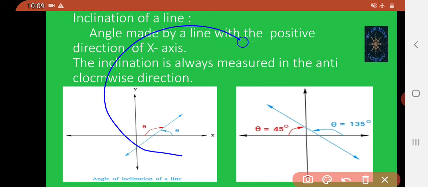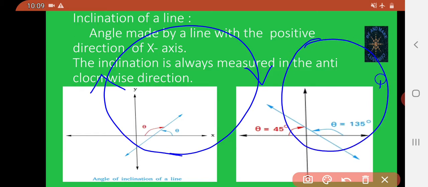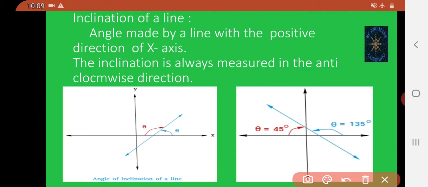Clockwise direction means in this direction, and anti-clockwise direction means in this direction.